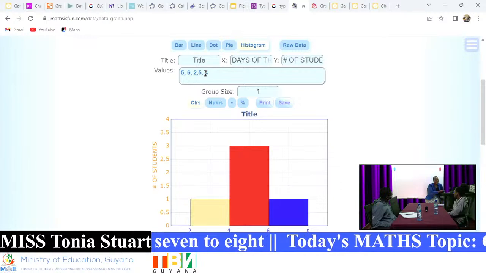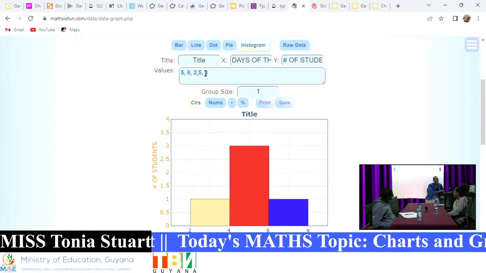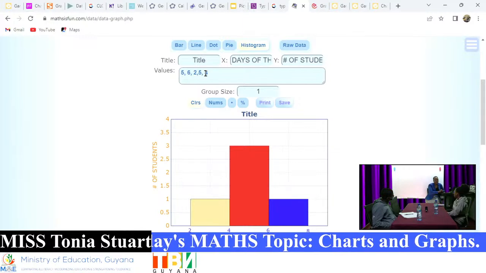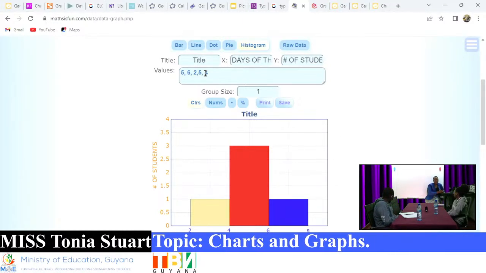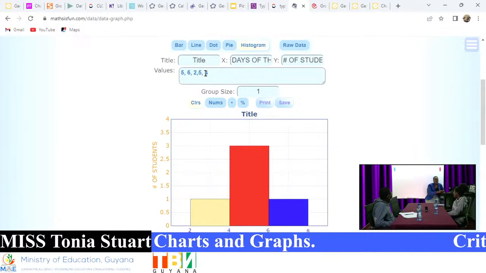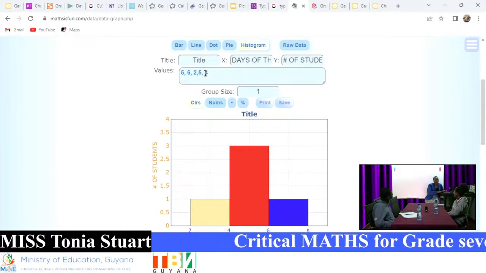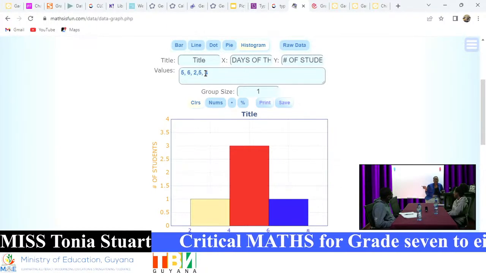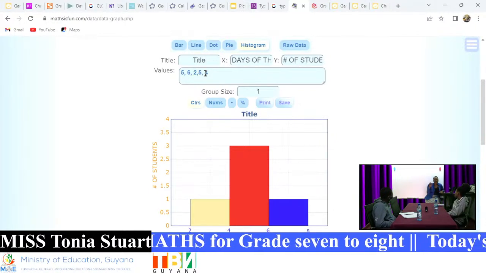We can say, all right, we need the ages of the students in the school. But because we might have so many variations of age, say we're at a primary and a secondary together, and we have 3-year-olds to 17-year-olds, we can't write 1, 2, 3, 4, 5, 6, 7, 8 and so on.